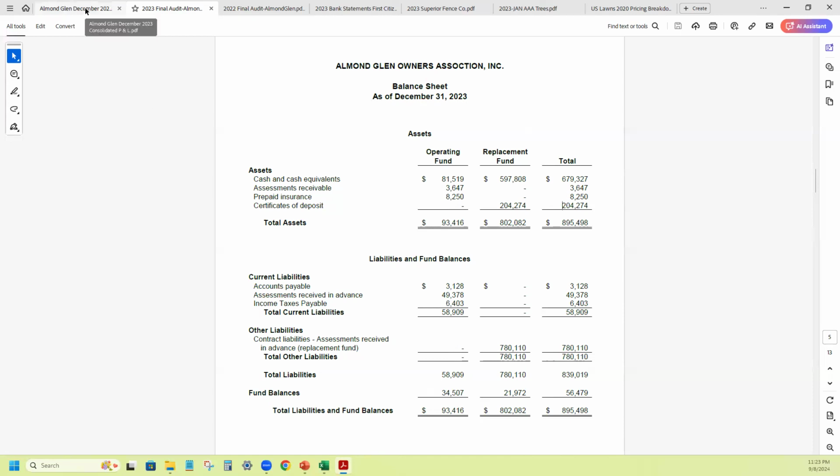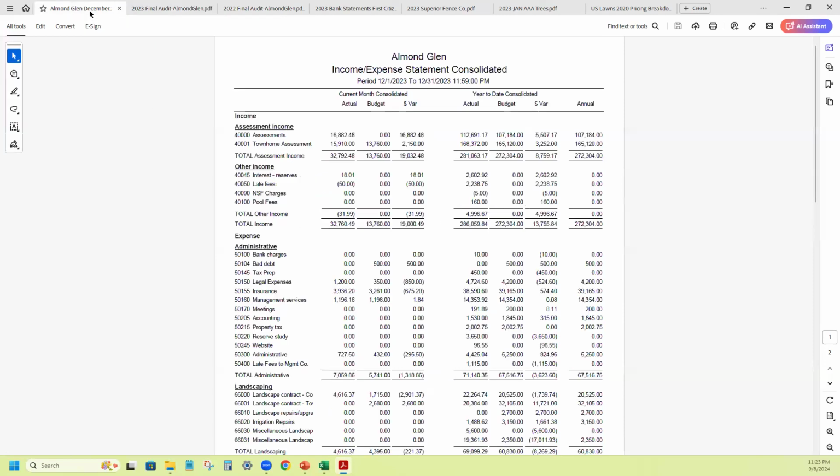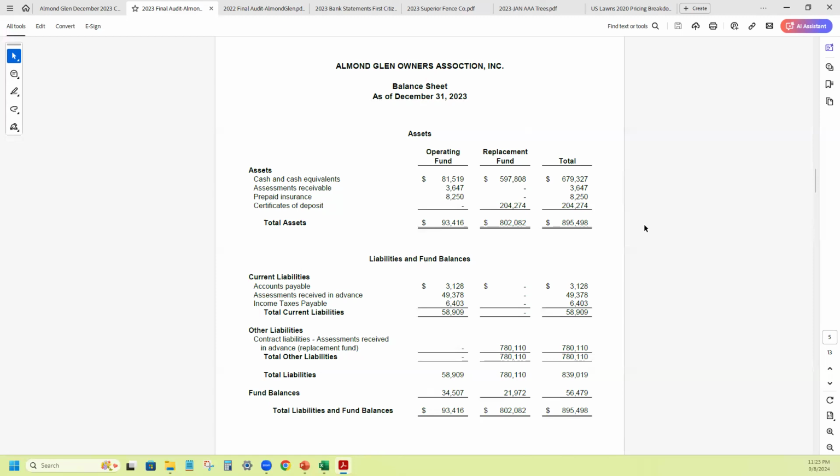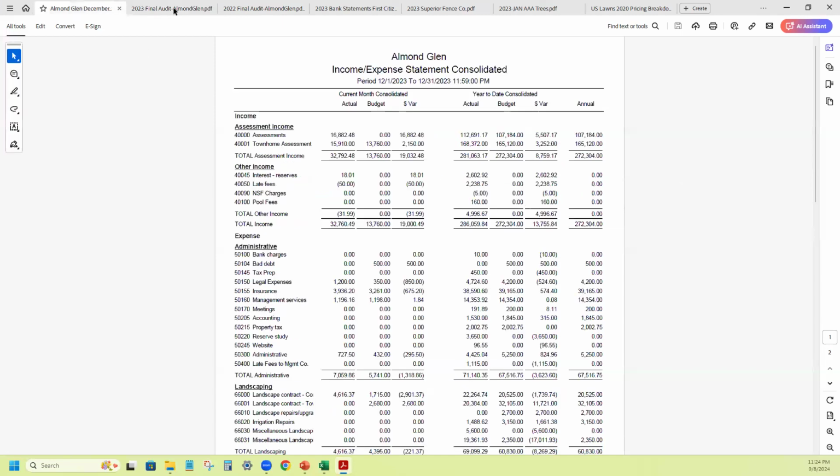I'll repeat that for anyone interested: AMG records on a cash accounting basis, so only cash runs through the income statement for AMG's generated statements, whereas our audits are produced on an accrual accounting basis in accordance with US GAAP. That's why you see prepaids and receivables on our audited balance sheet, but not on our income statement.